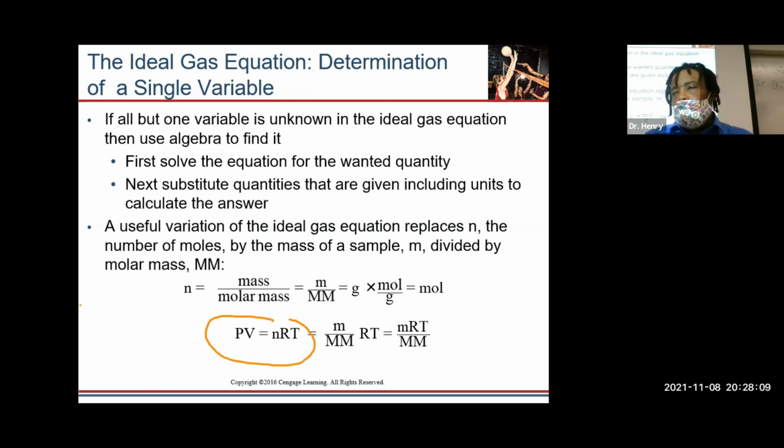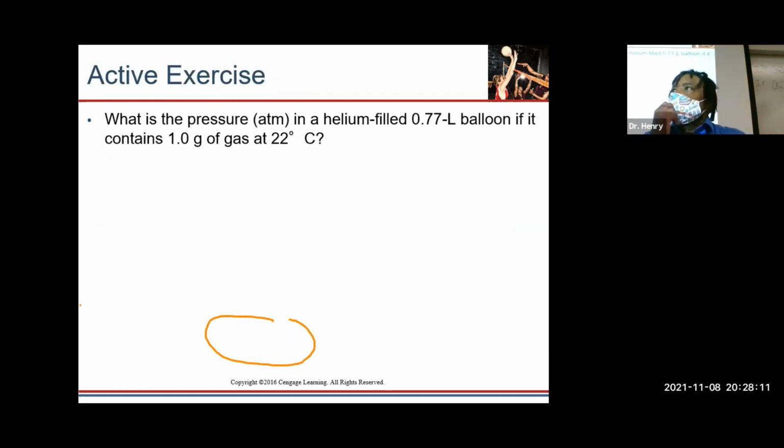Okay, so here's an example. What is the pressure in atm in a helium filled 0.77 liter balloon if it contains 1.0 grams of gas at 22 degrees Celsius? So we have our equation, PV equals nRT.